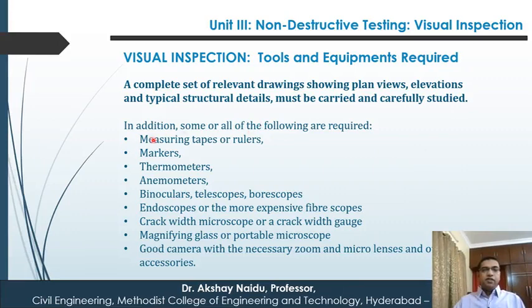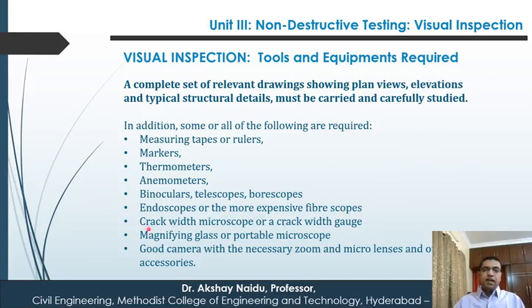Now, in addition, some or all of the following may be required: measuring tapes or rulers, this is a must practically speaking. Some markers, very important. Thermometers, anemometers for measuring temperature, wind speed, and so on. Binoculars, telescopes and borescopes. Endoscopes or more expensive fiberscopes.